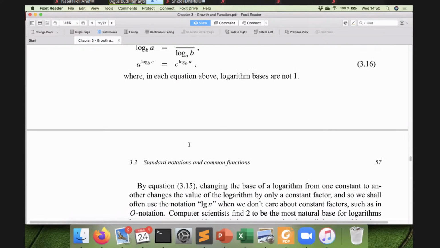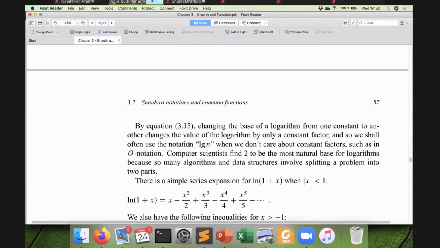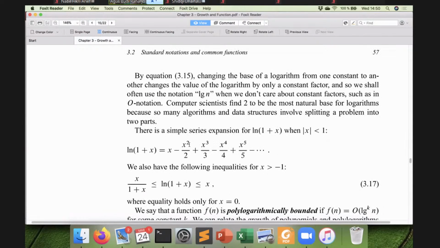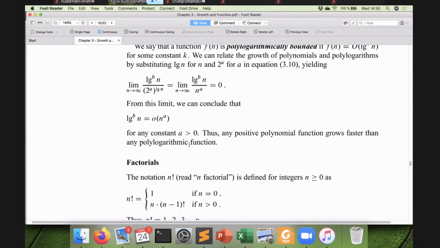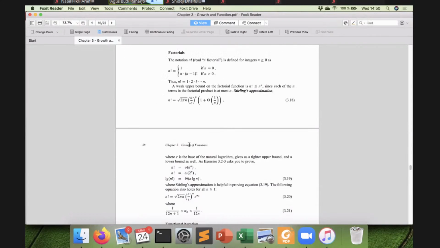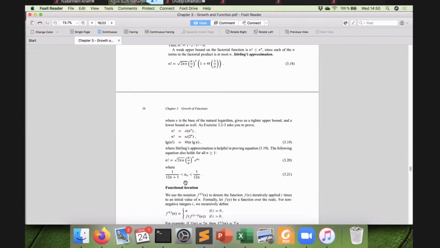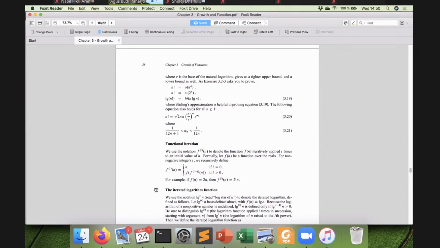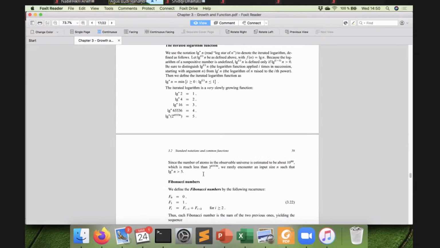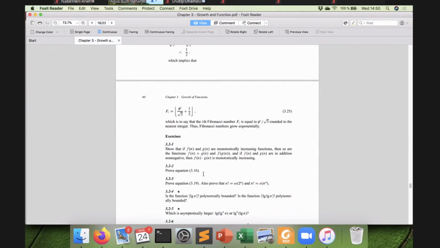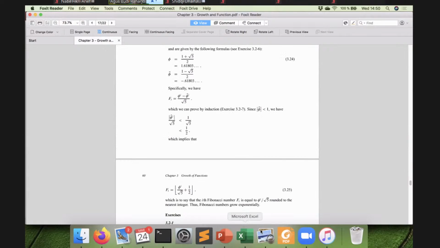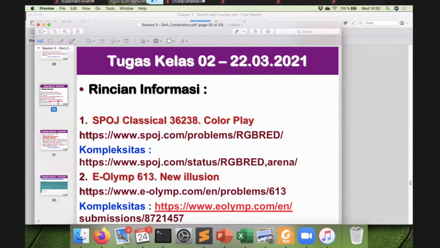Because it's important to calculate the computation time of the divide and conquer approach. We have factorials. What do we have in another functional iteration? The Fibonacci number, etc. Okay, that's all. So we'll visit this course again.